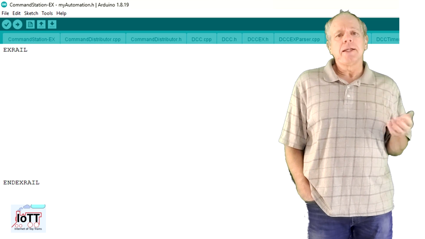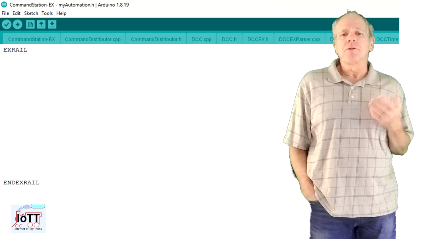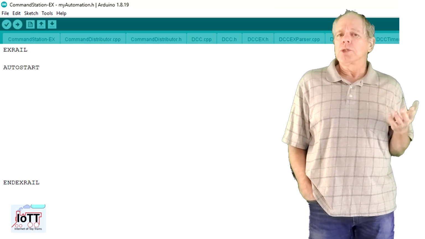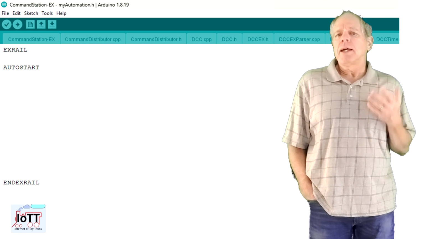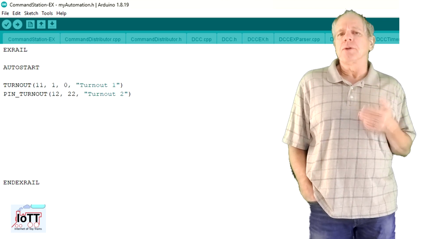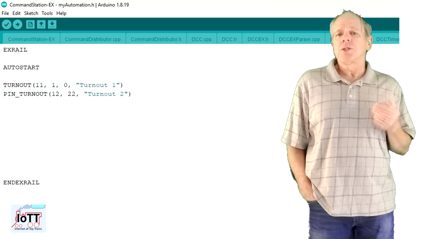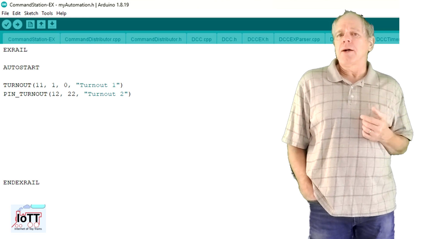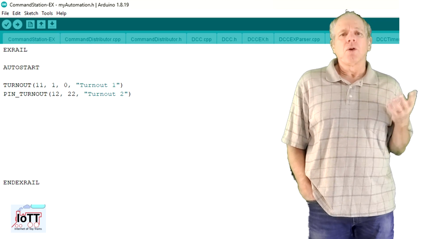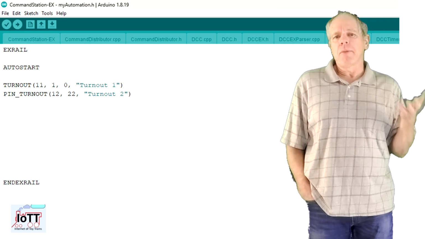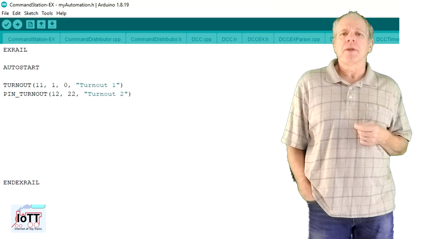So I define a sequence right at the beginning of the X-Rail script. I use the keyword AutoStart and add the commands for defining the turnouts. First, the DCC turnout with address 2, then the pin turnout on pin 22. Conveniently, X-Rail has commands for defining turnouts.